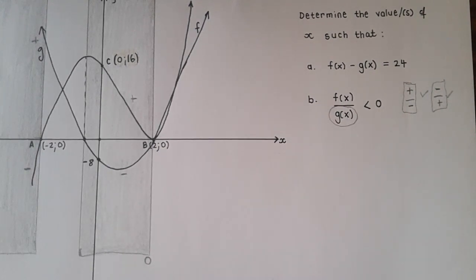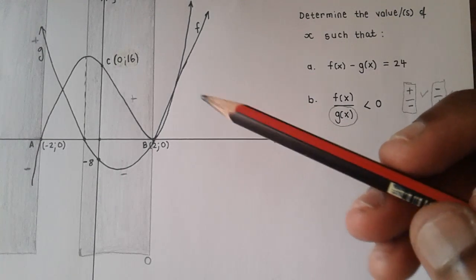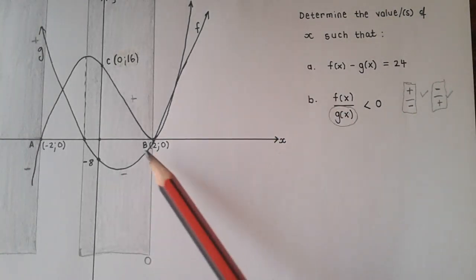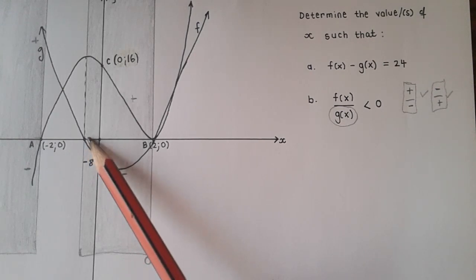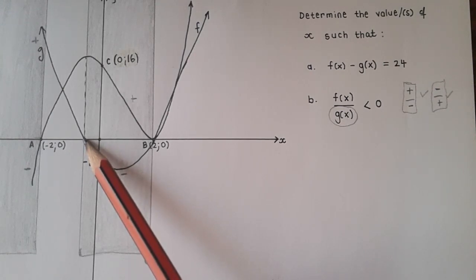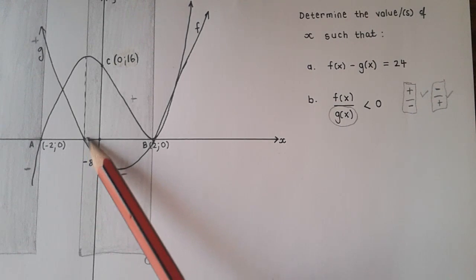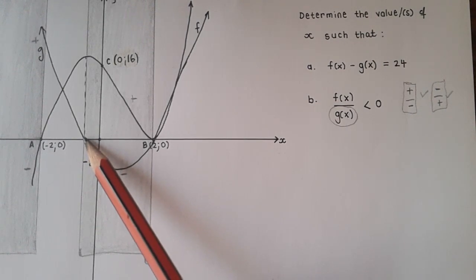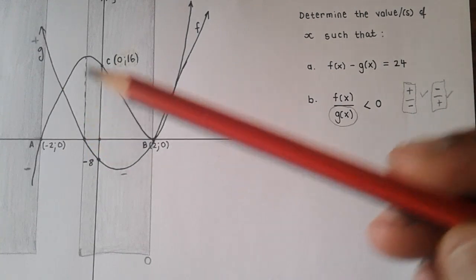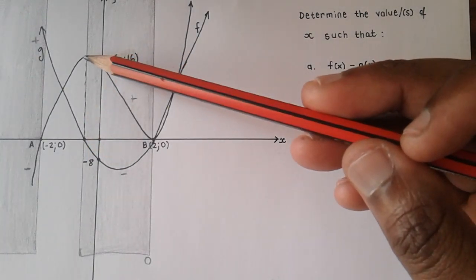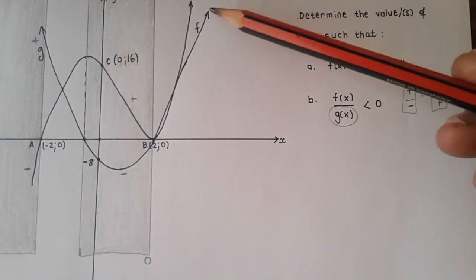Where else do we have g equal to 0? Well, we have g equal to 0 here as well, at its x-intercept. We actually don't know what that x-intercept is, but we do know that it's the same x value as the x value at the turning point of f.